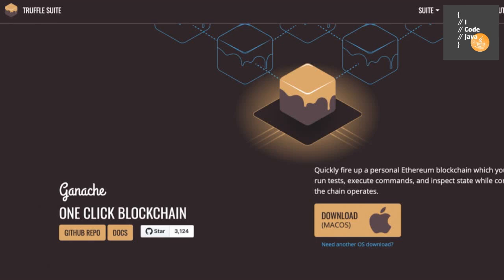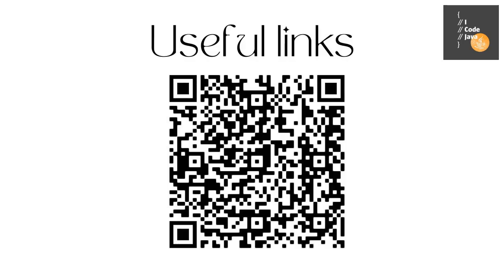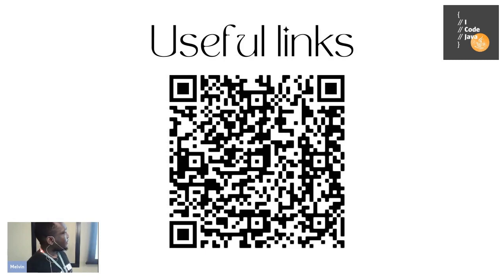And I have some useful links. I figured that it might be easier to have a QR code here to get links for Web3J, where you can actually get the library and code Java and Web3J. Truffle Suite and Ganache are also available there.